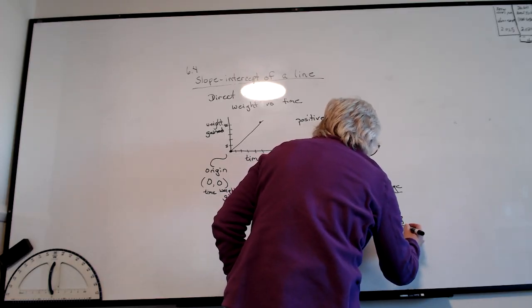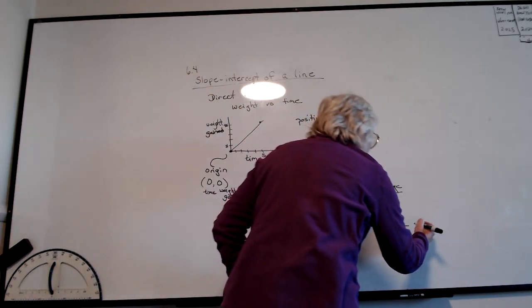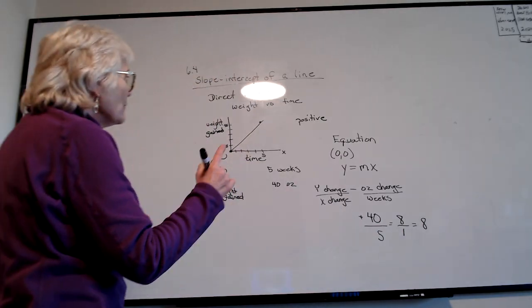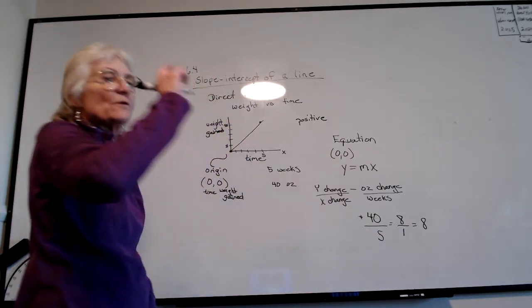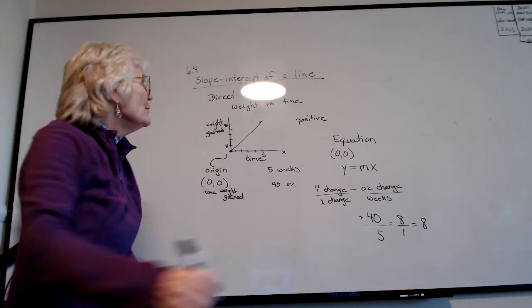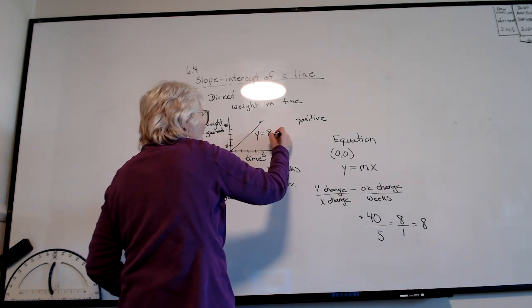You can leave it as 8/1, so it looks more like a slope, but typically, because it's a whole number, we would write it as 8. So the equation for this graph that represents how your baby is growing would be y equals 8x.